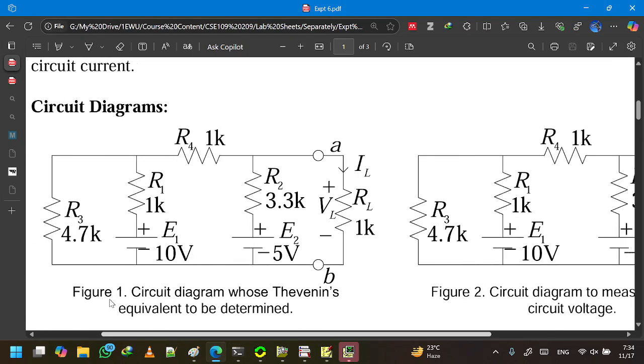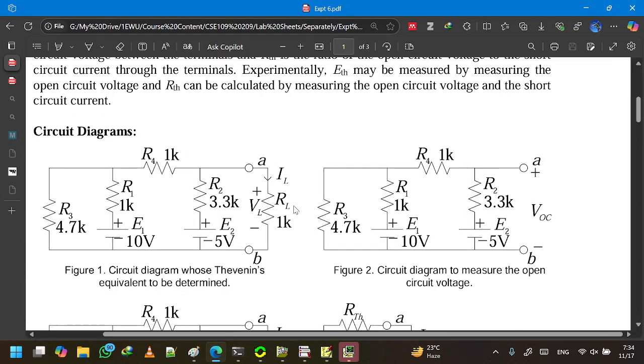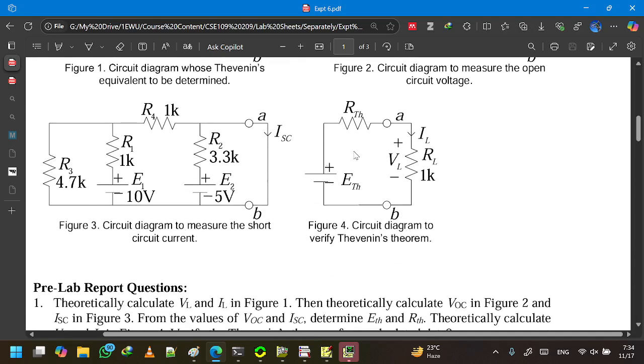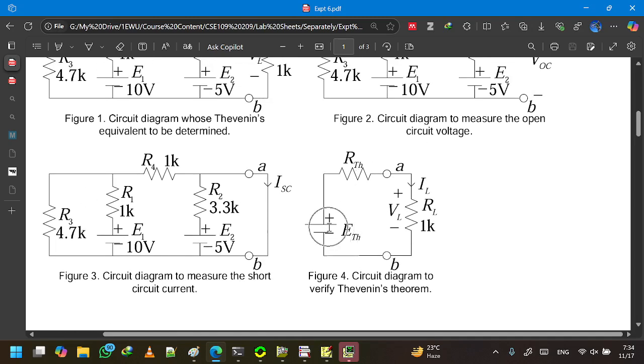So in the simulation and in the lab, we have proved that a big circuit with a load resistor can be simplified with a very simple circuit with a simple voltage source and a series resistor. This kind of simple version of the circuit is called the Thevenin equivalent circuit.